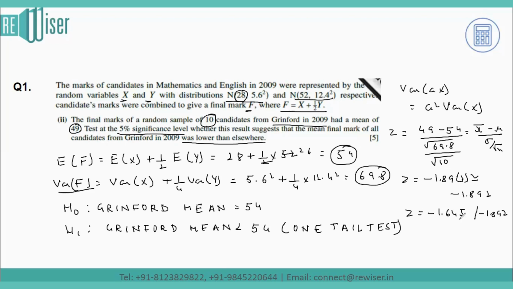Since it is lying outside the critical region, there is evidence that the Grinford mean is lower, that means the alternate hypothesis is accepted. That means H1 is accepted. That's because the test statistic that we calculated is lying outside the critical region for the 5% level of significance, which is minus 1.645. And that will be the answer for this particular question.